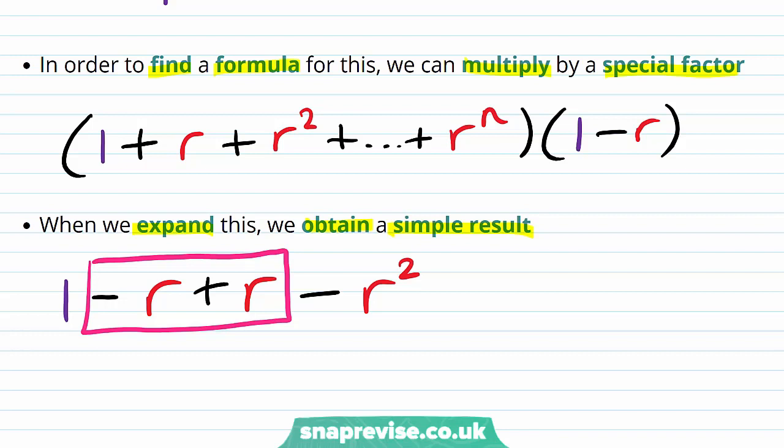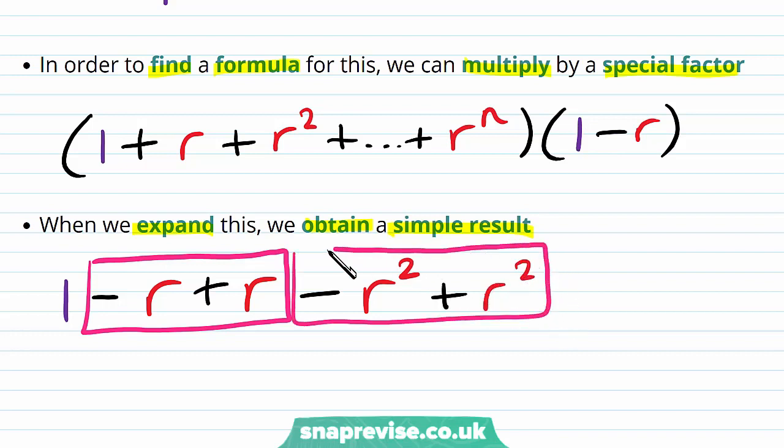If we continue, we have the r squared multiplied by the 1, which gives us plus r squared. So again, we see that this has cancelled out. And then our next term, the r squared with the minus r, will give us a minus r cubed.